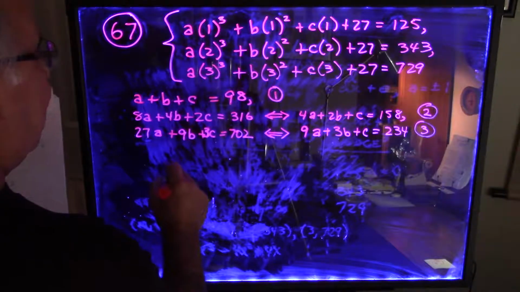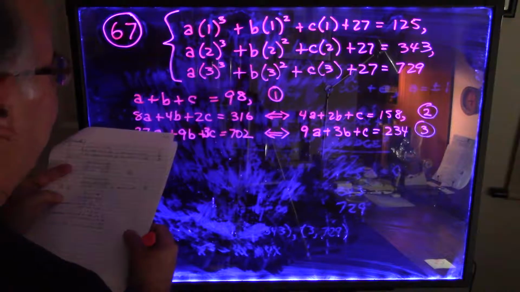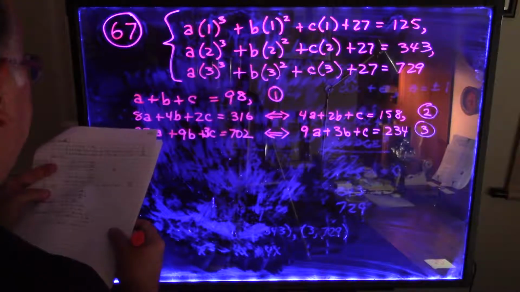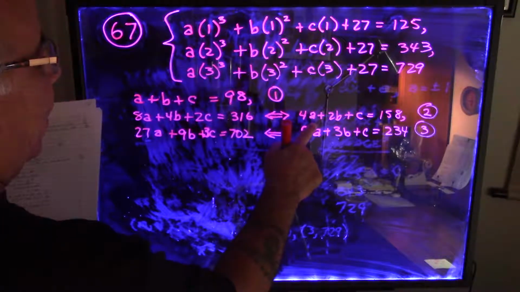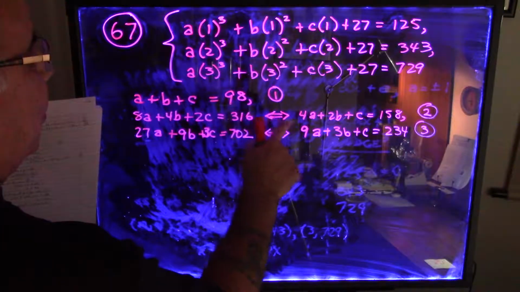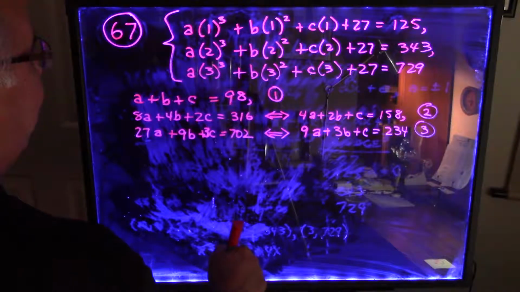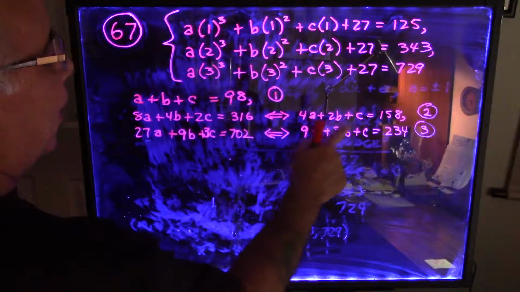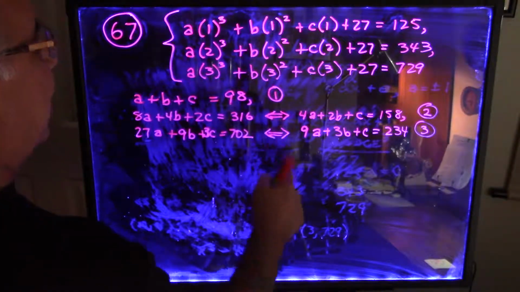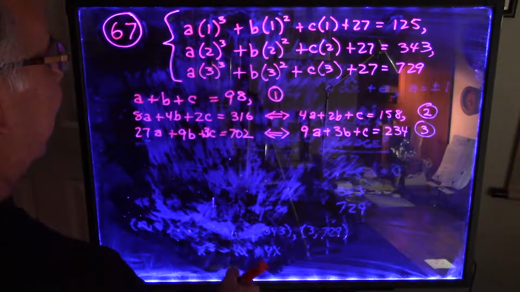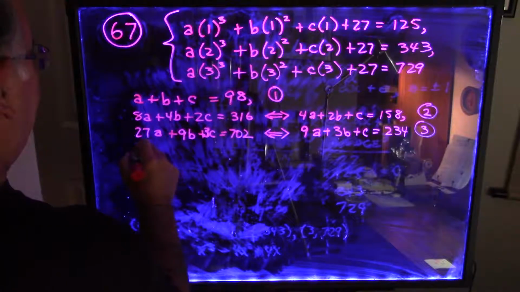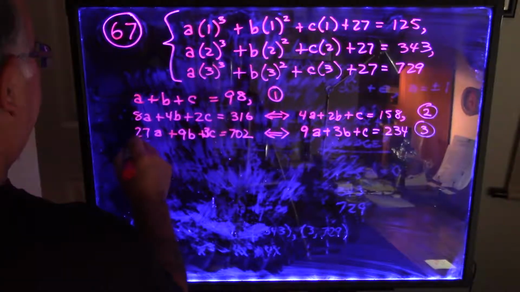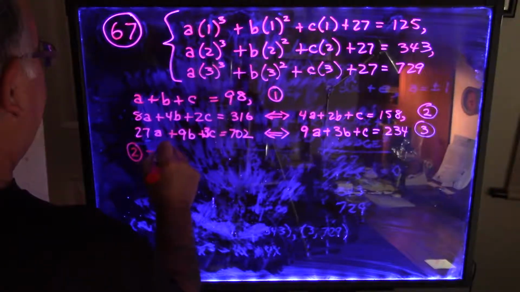So I'm going to pick a variable to eliminate. I'm going to use two of these three equations and choose one of the variables to eliminate. The c's look to be the easiest to eliminate. To eliminate the c's, all I have to do is take equation 2 and subtract equation 1 from it.